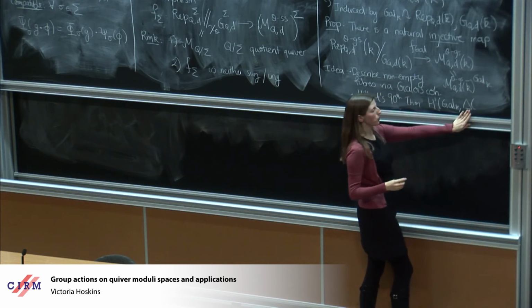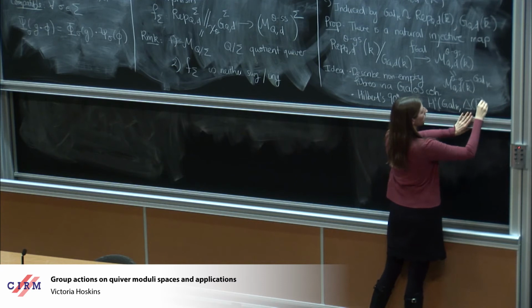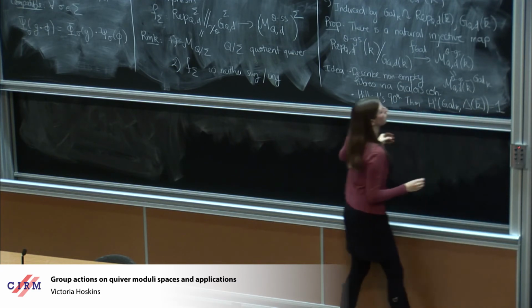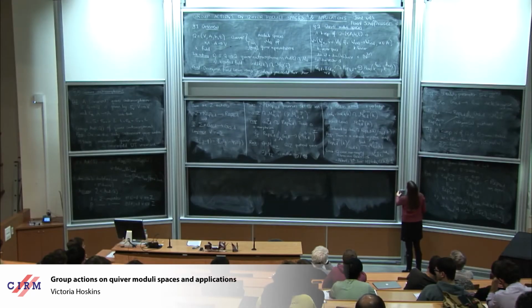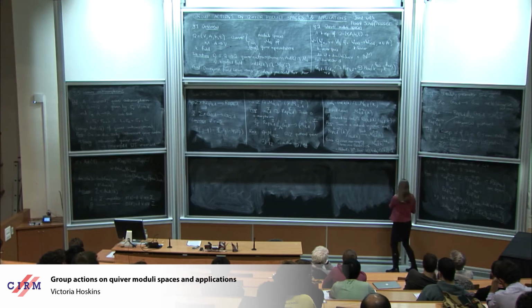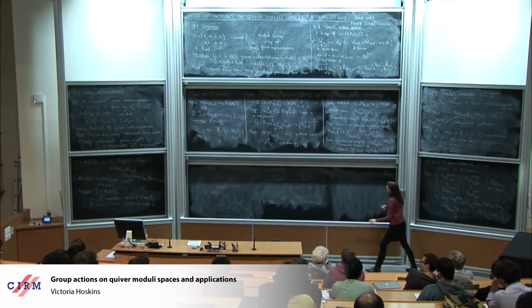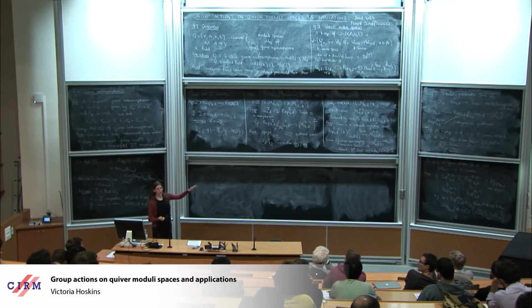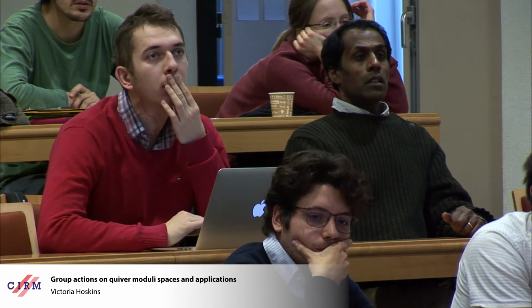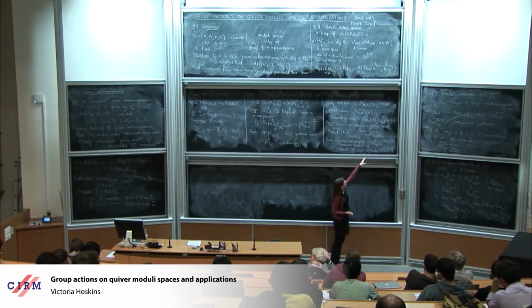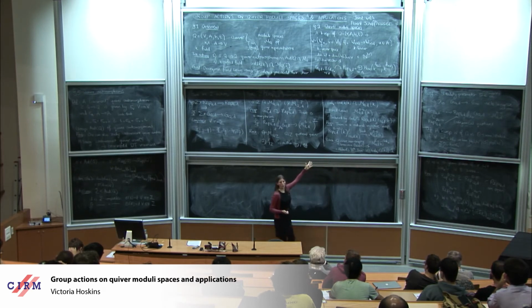So remember, delta is just the multiplicative group. But in general, this map isn't surjective. So it is if K is algebraically closed. And the idea was to try and understand what are the other rational points. So what are the rational points of our moduli space that don't come from K representations?